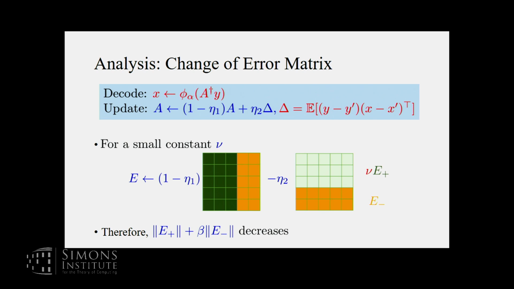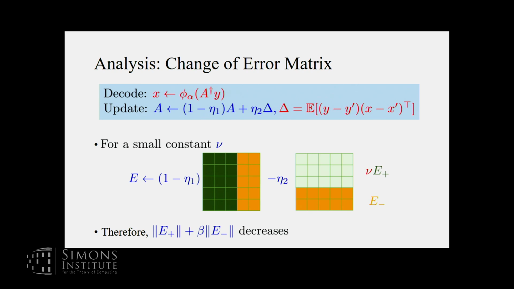So basically, if you set eta 1 and eta 2 properly, you can make sure that the sigma matrix stays close to 1. And you can also make sure that the positive part will not be blown up too much by the negative part. On the other hand, the negative parts would be decreased because of this small constant.